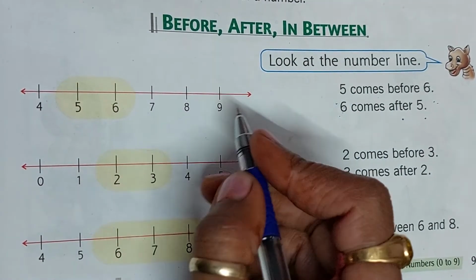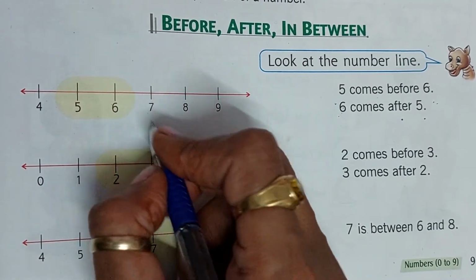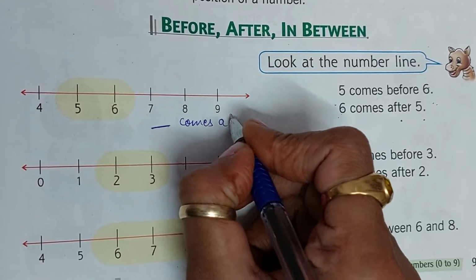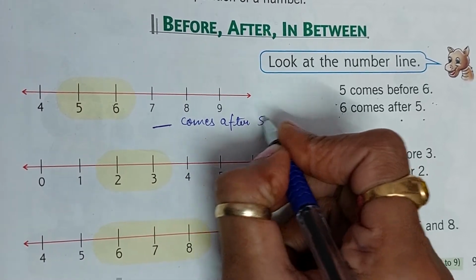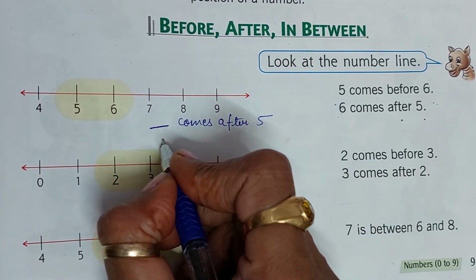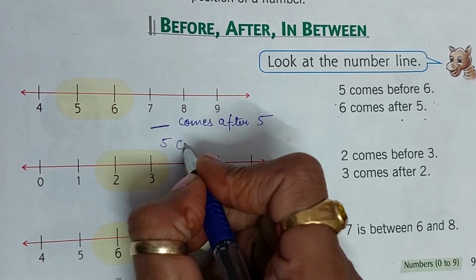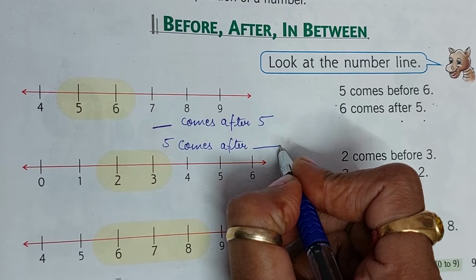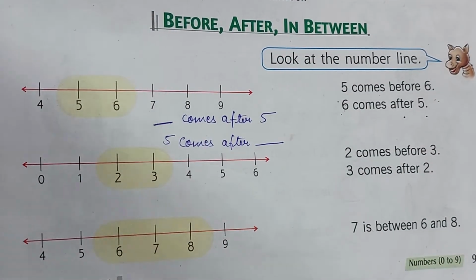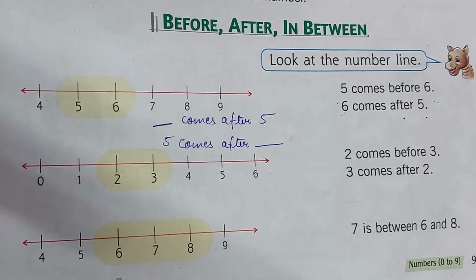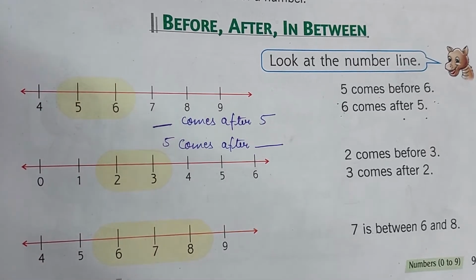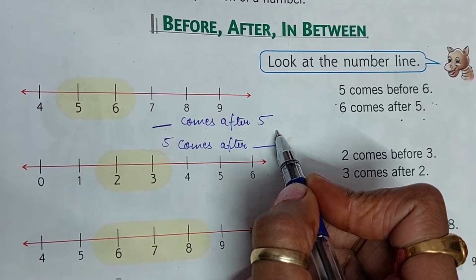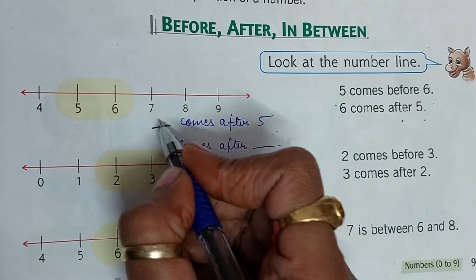Here is one more example: dash comes after 5. Here I am asking, 5 comes after what? There are language differences, so try to understand carefully. What comes after 5? 6 comes after 5.